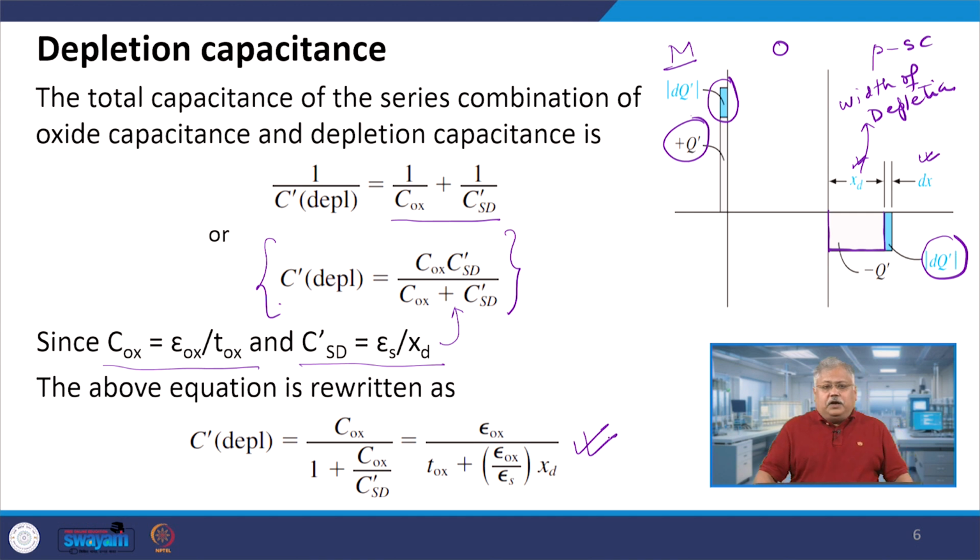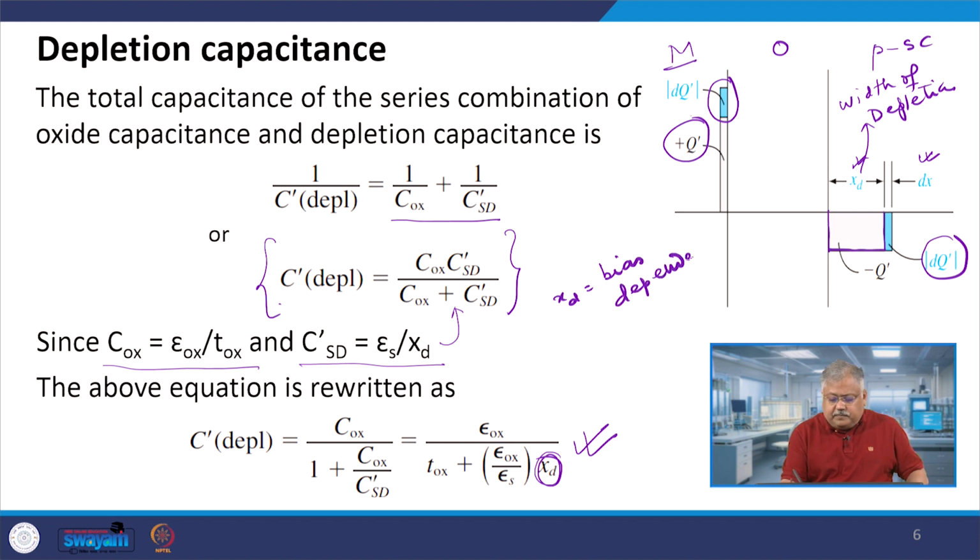So what I get, quite interestingly, is that C prime depletion, the capacitance of my depletion region, is inversely proportional to my xd. xd is the width of the depletion. Now you see, very interestingly, xd is a parameter which is bias dependent, correct.